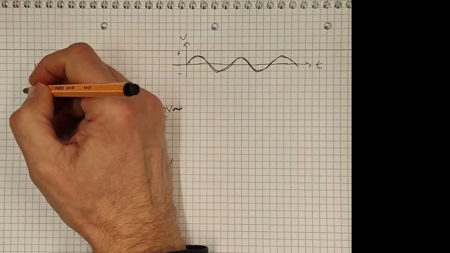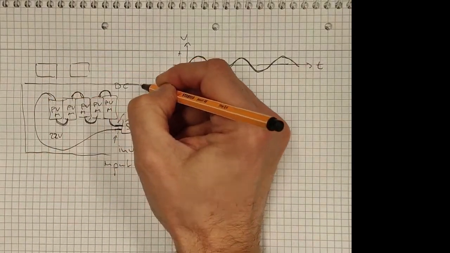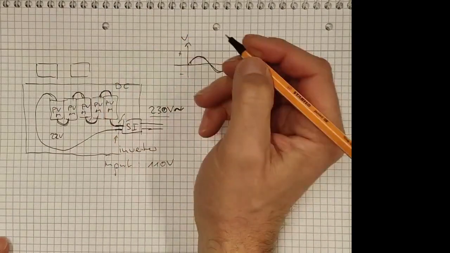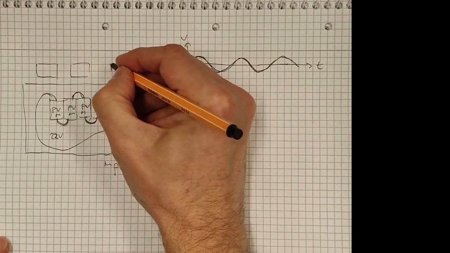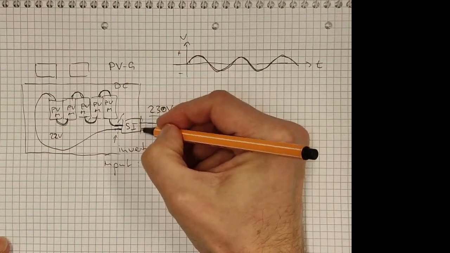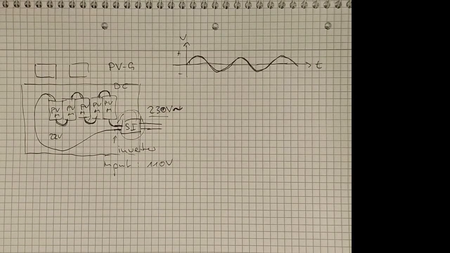But let's call this an island system, because this is really running on its own, right? Maybe a PV generator, PVG, right? So this is a PV generator with the module inverter included.